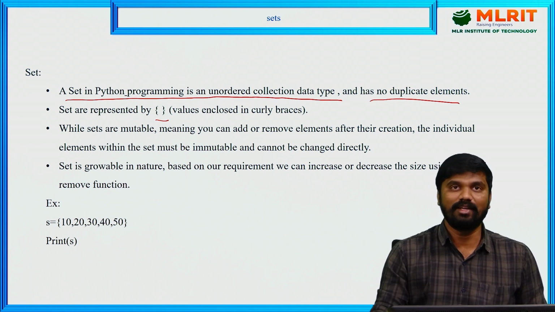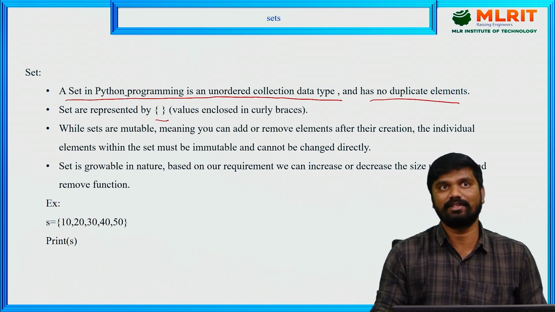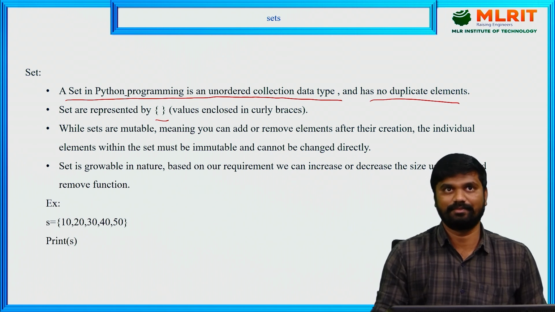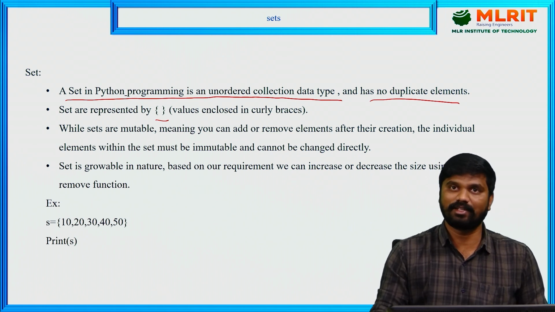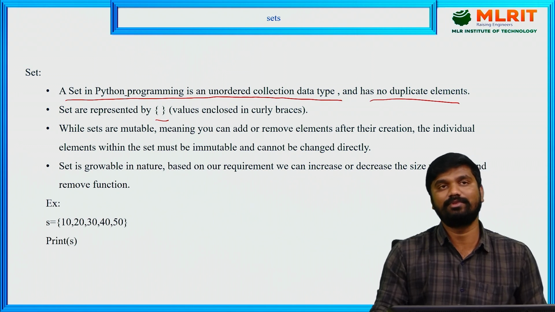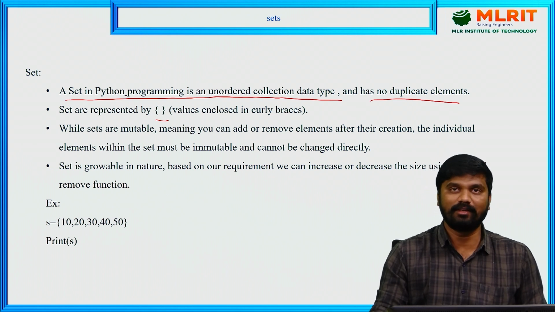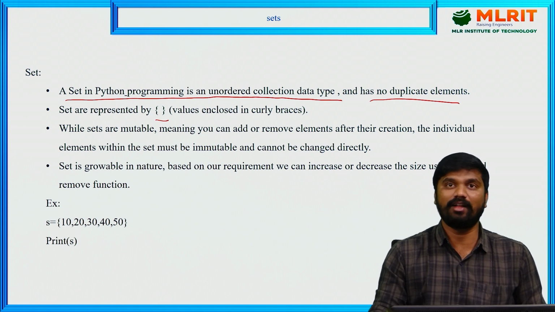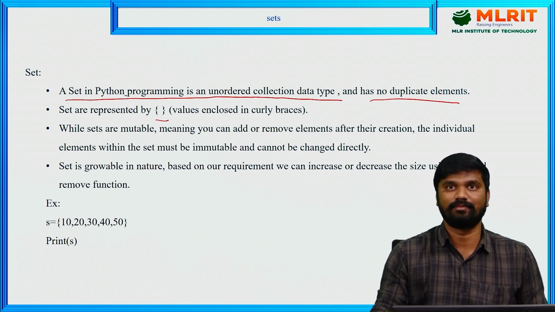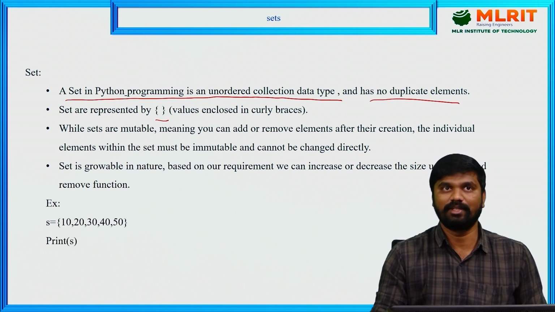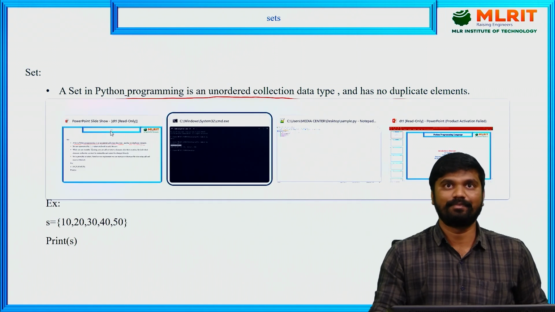That means indexing or item assignment is not supported by the set object. The set object is mutable, but we cannot change the value of an element in it. Once you create the set object, we cannot change those values, but we can add or remove elements in the set object. I will show you that example.